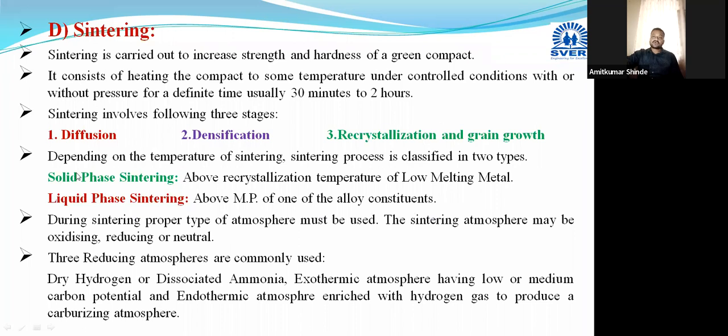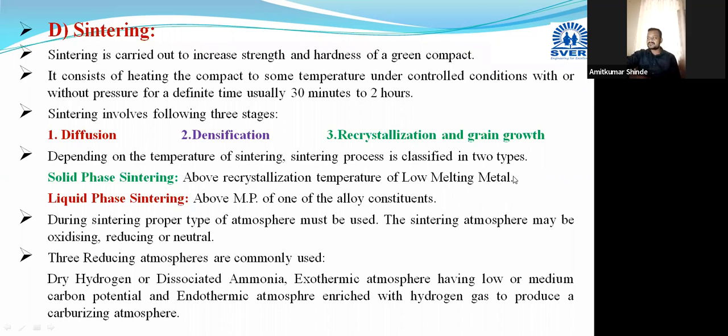In solid phase sintering, no metal will melt here. Melting does not occur here. Only plastic deformation will occur because we are heating above the recrystallization temperature but below the melting point of the low melting point metal.